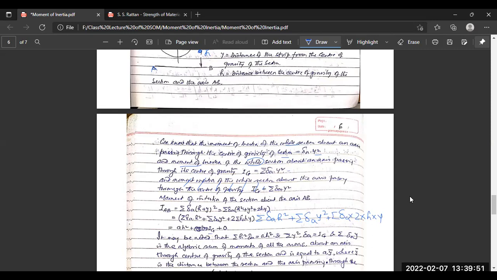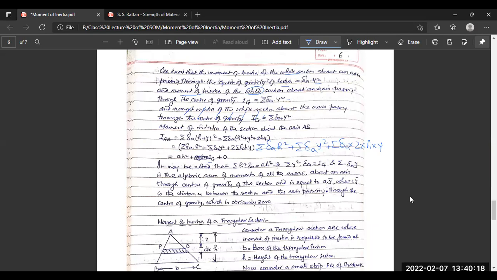And the third term, sigma delta A into 2 into H into Y, sigma delta A Y is the algebraic sum of the moments of all the areas about an axis through the CG of the section, and equal to A into Y bar, where Y bar is the distance between the section and the axis passing through the center of gravity, which is obviously 0. So what is coming out here?